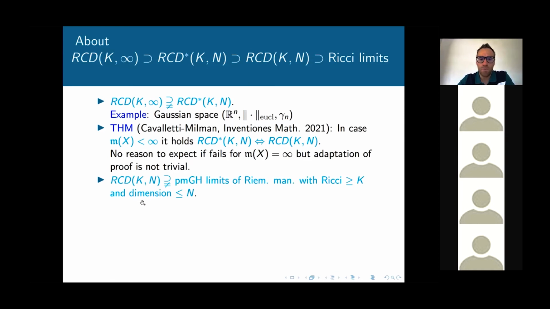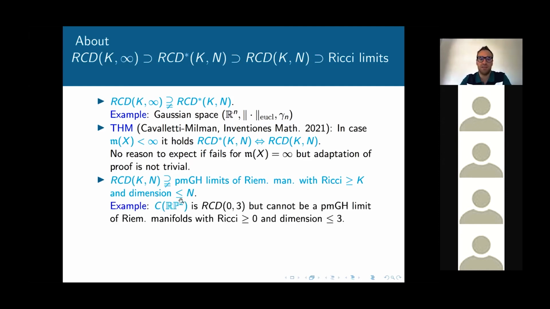And what about this other inclusion? What about the inclusion of RCD K,N with Ricci limits? Actually, also here the inclusion is strict, in the sense that the class of RCD K,N spaces strictly contains pointed measured Gromov-Hausdorff limits of Riemannian manifolds with Ricci bounded below by K and dimension bounded above by N. Let me give you an explicit example.